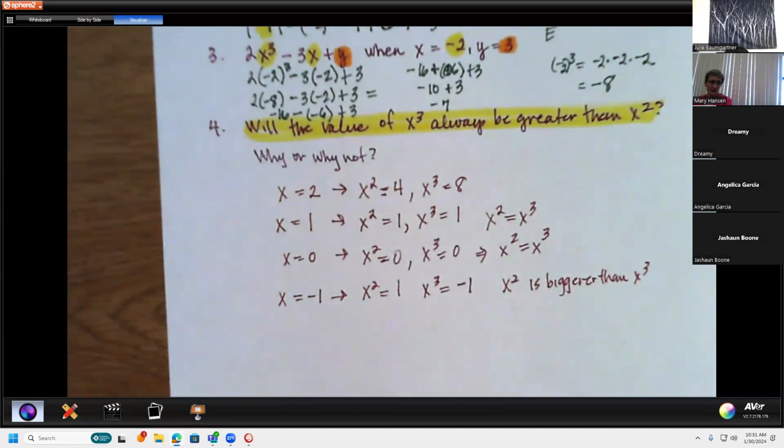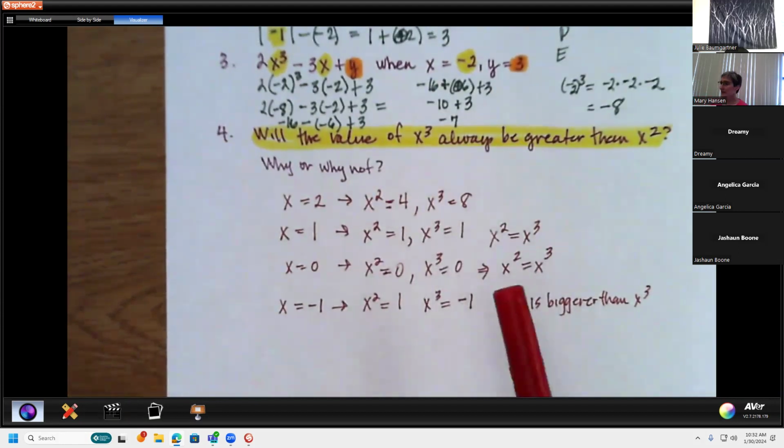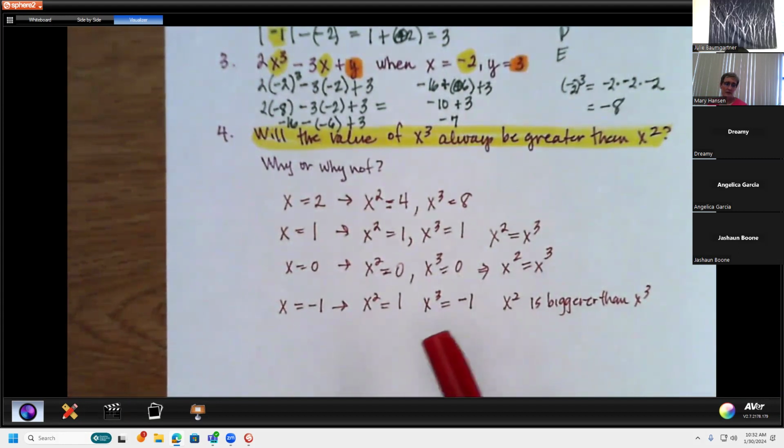And so when you're facing problems, particularly problems that use words and I don't give you a specific problem to answer, it's always a really good idea to just simply start checking numbers. It is a good strategy for answering questions like these. Pick some numbers and make sure you pick positives, make sure you pick negatives.